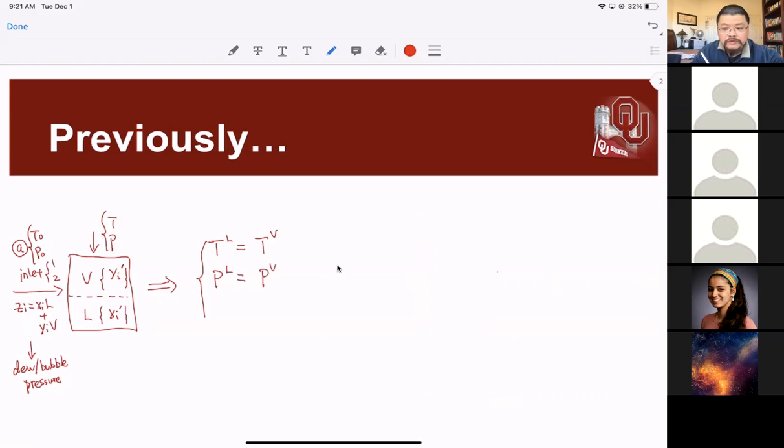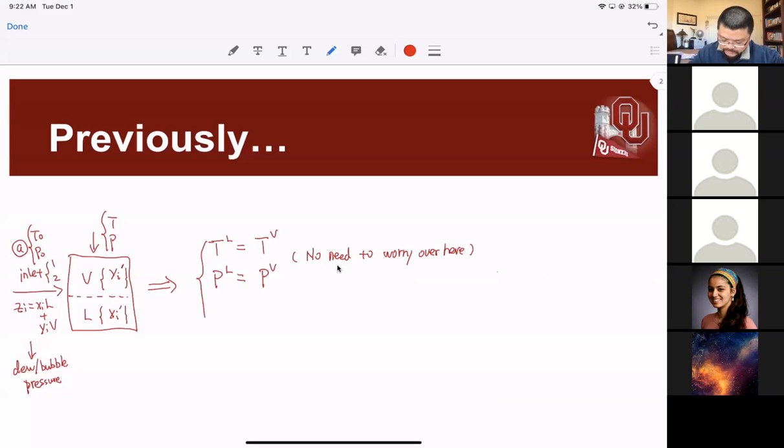So for the first two equations, we typically think that those equations we are able to manipulate very easily. So we don't have to worry too much about that. Okay. So that is an understanding that we are able to control temperature and pressure very easily.